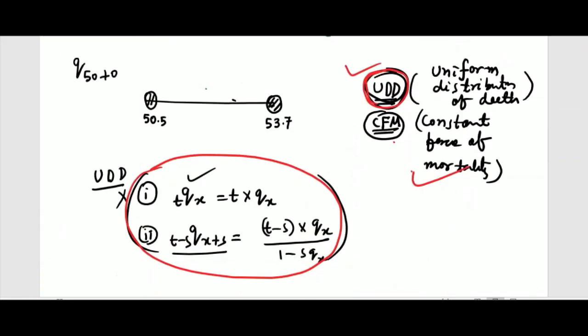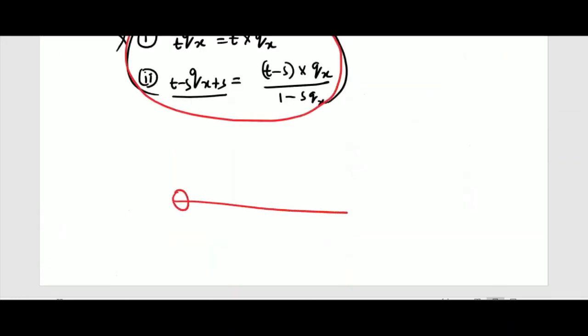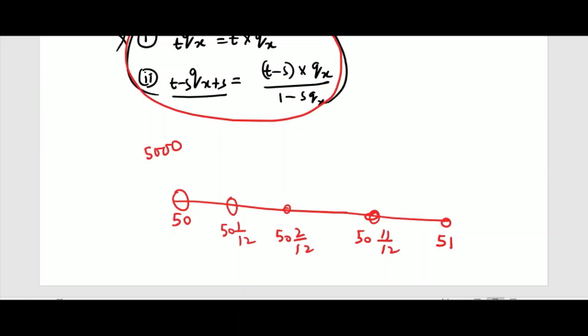See here, mortality is not constant. Suppose you have age 50, 50 years 1 month, 50 years 2 months, up to 50 years 11 months, and then 51 years. Suppose you know that in 1 year 5,000 people were there and 100 people died in every month.